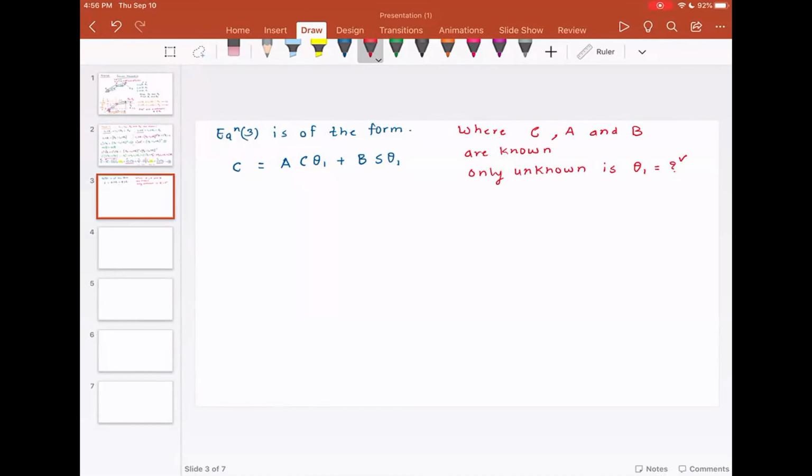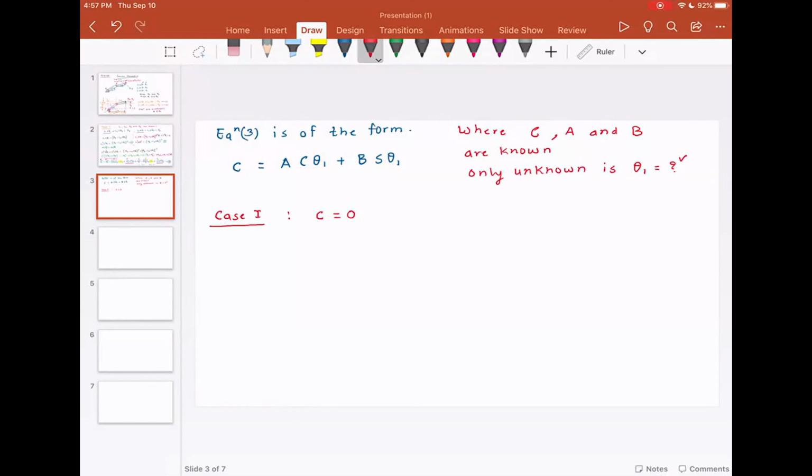Now let me ask you a very simple case. There are two cases that are possible. Say case 1. Say somehow some magic happens and I know c is equal to 0. So somehow the numbers work out in such a way that the value of c happens to be 0.